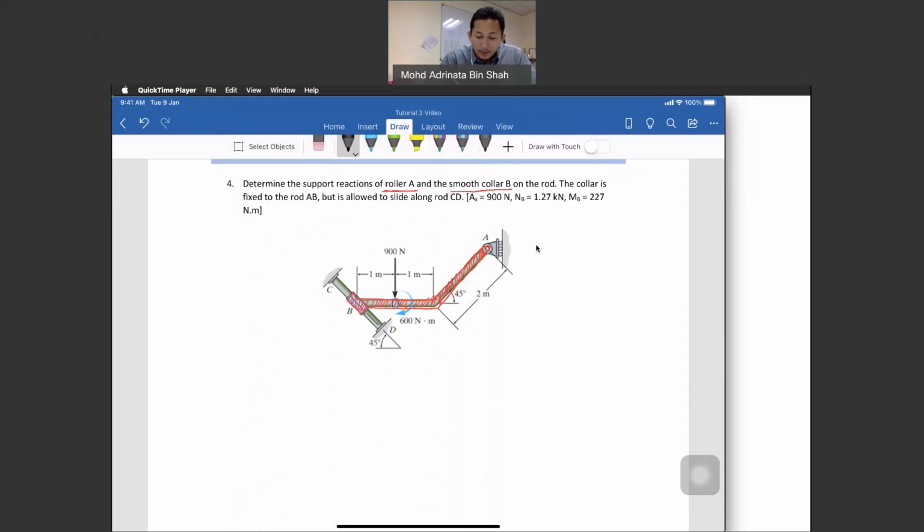External load 900 Newton, external load 600 Newton meter, A and B, and support reaction, it is normal, which means this one is 45 degree. And then normal to A is this one.